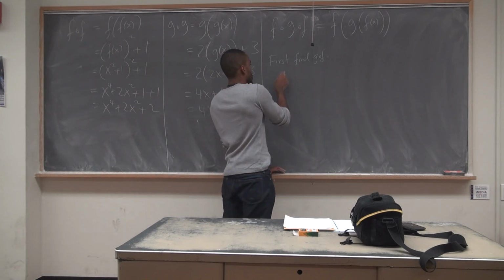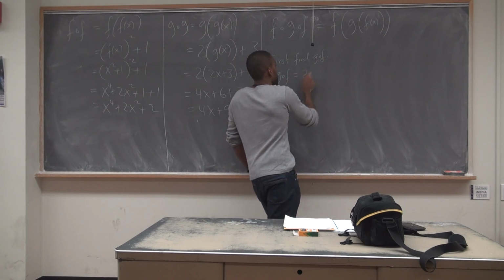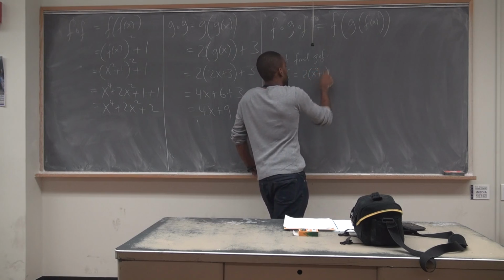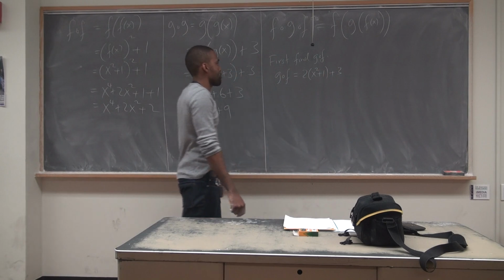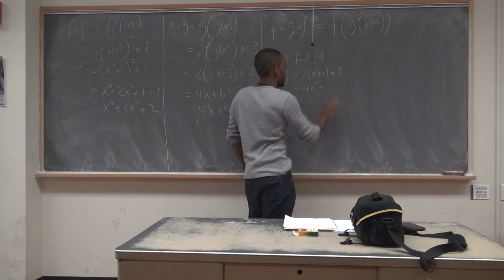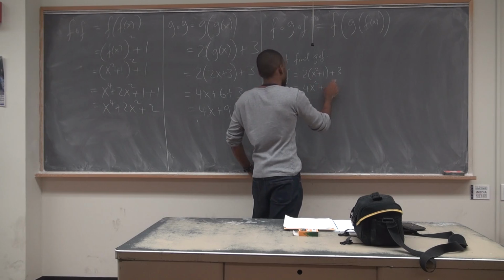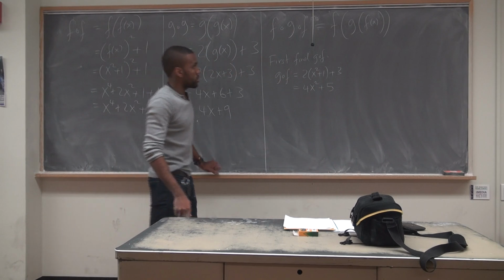I know that g of f, we actually found that before. That was what? Well, it was 2 times x squared plus 1 plus 3, which was 4x squared plus 2 and 3. That was my g of f.